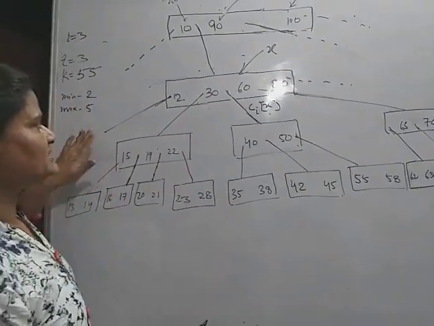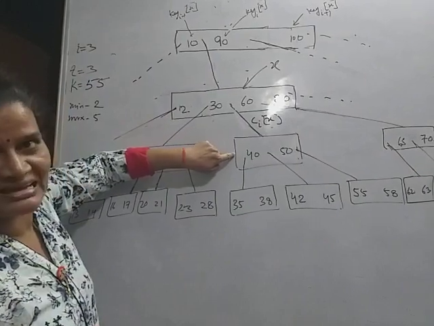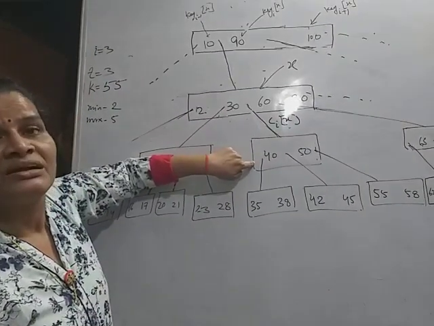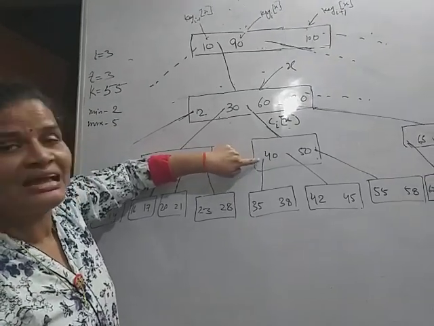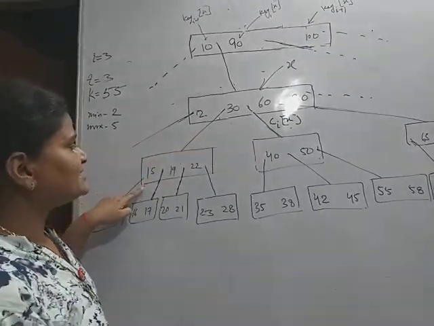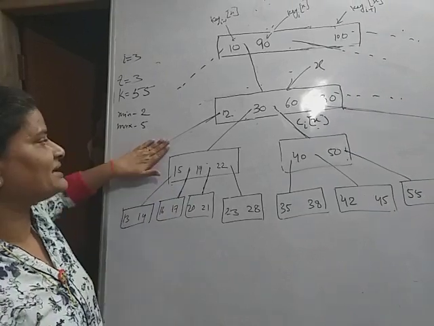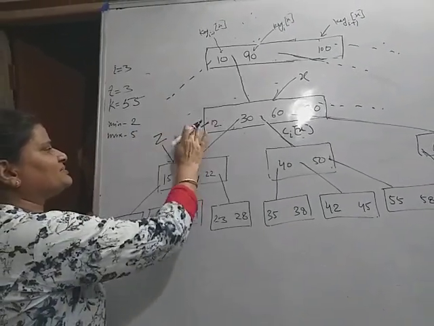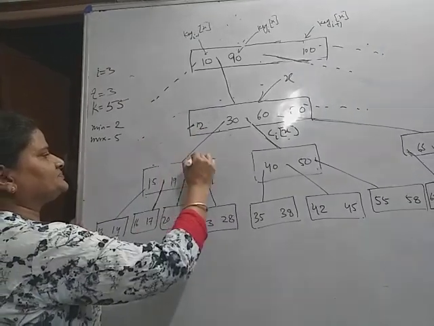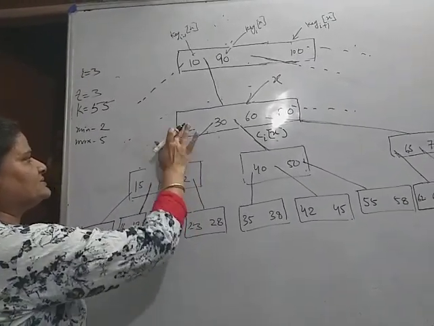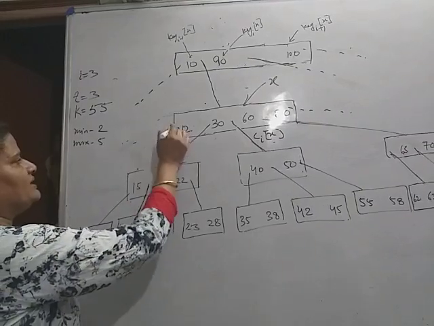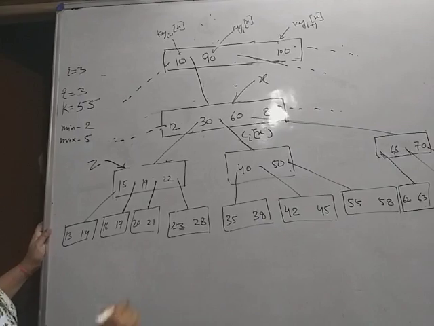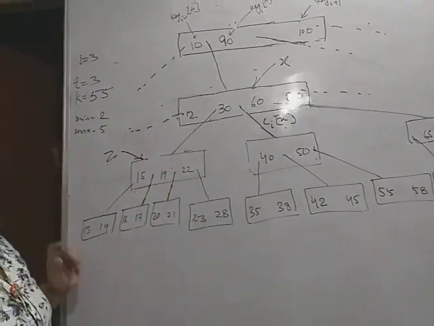So if the node pointed by Ci[x] contains t minus 1 keys, then check its immediate left sibling. Suppose this immediate left sibling is Z. This is 12. This is Z.